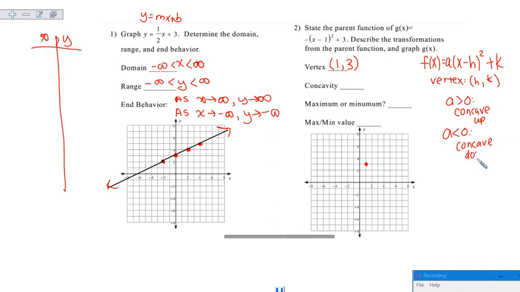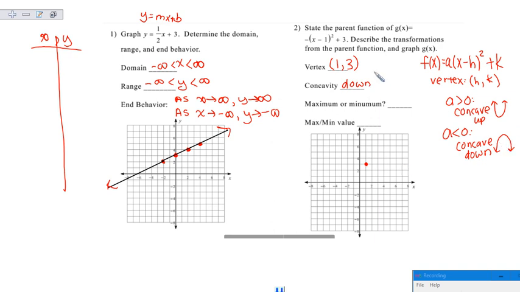This tells us what direction our parabola, our U-shape, is opening in. If it's positive, it's going up, so you're going to have a U like this. If it's negative, it's going to go down like this. So in this case, we have a negative in front, so its concavity is down.